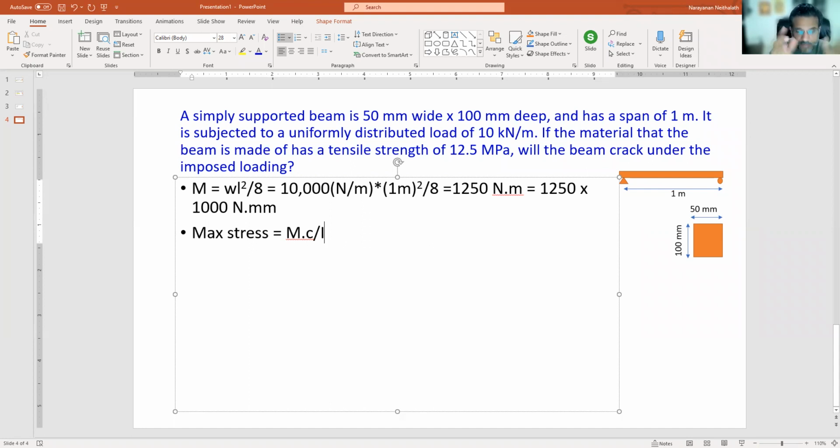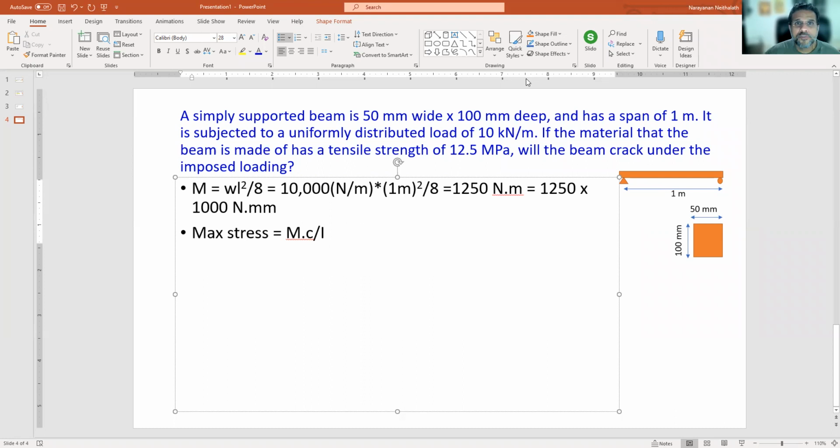You should have known how to derive this equation. So maximum stress in a simply supported beam that is subjected to a uniformly distributed load, whatever be the loading condition, is MC over I if it is pure bending. M, the bending moment, we have just calculated as WL square over 8.